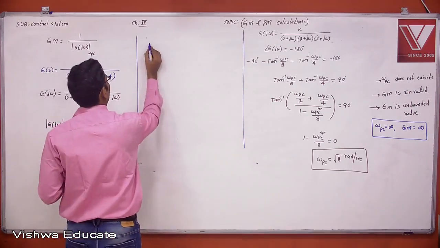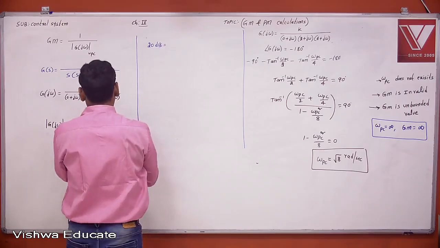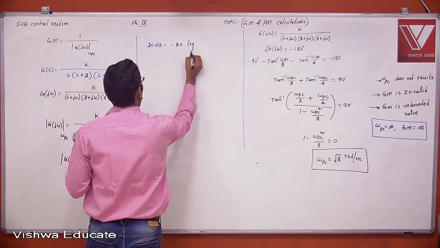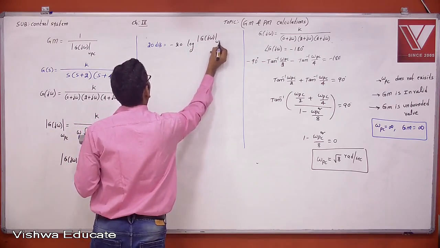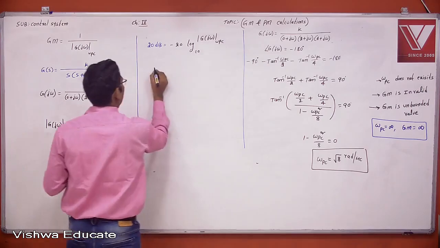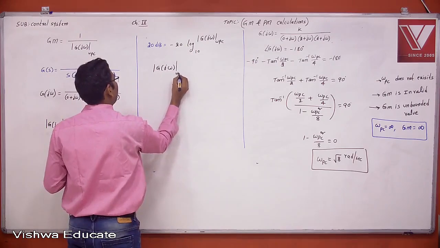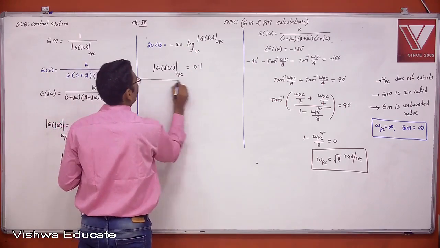The gain margin of 20 dB is equal to minus 20 log base 10 of the magnitude of G at phase crossover frequency. Therefore the magnitude of G at phase crossover frequency is 10 power minus 1, which is equal to 0.1.